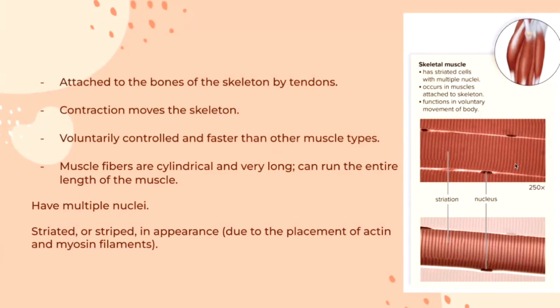It occurs in muscles that are attached to the skeleton, and its function is voluntary body movement. So they help in body movement in a voluntary way. And again, it has striated cells with multiple nuclei. So that's a little bit of an overview of the skeletal muscle.